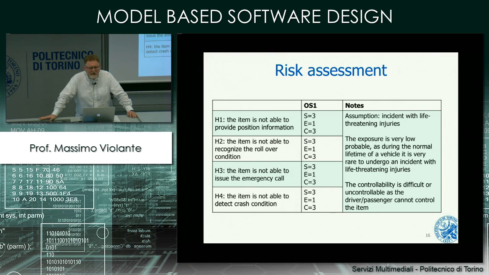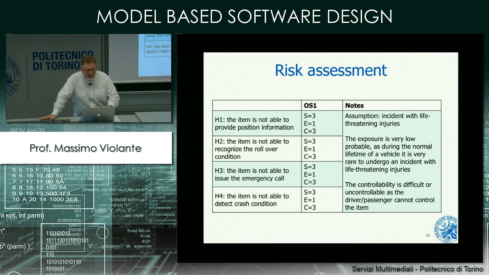If you look into the statistics, it is true that we have incidents, but it is also true that the total amount of time of being in an incident with life-threatening injuries is very low. So exposure is 1, because it is very improbable that we are in an incident situation, okay?